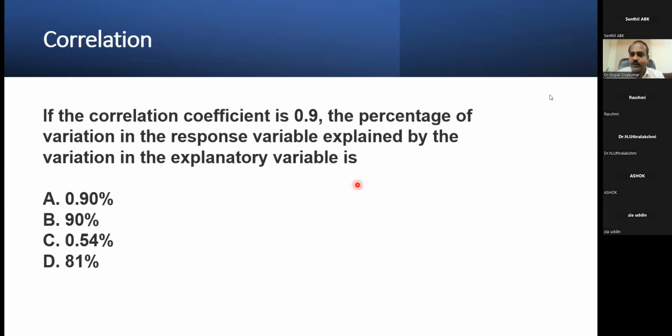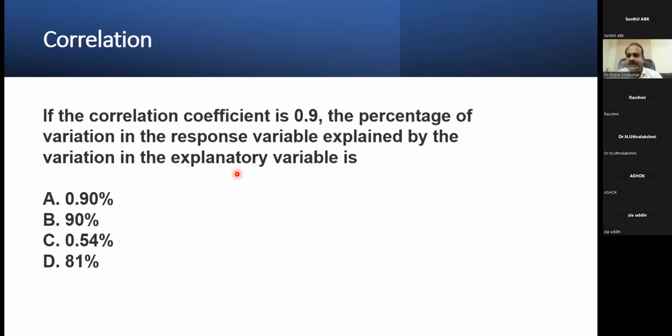This we have discussed in the correlation analysis. Can you multiply 0.9 or can you square the 0.9? Square. R square. 0.9 multiplied by 0.9 is how much? 81%. So 81% of the influence is coming from the explanatory variable.